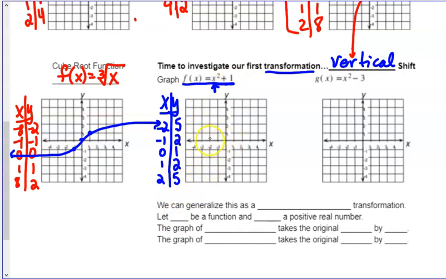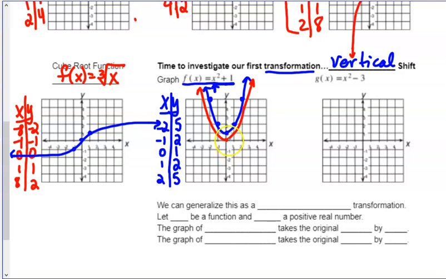So if I graph these points, (-1, 2), (0, 1), (1, 2), and (2, 5), I get this graph right here. Now, how does that compare to the original? The original was at (0, 0), (1, 1), (2, 4), so I end up having something that looks like this. Well, from the original red graph, what happened to the blue graph?